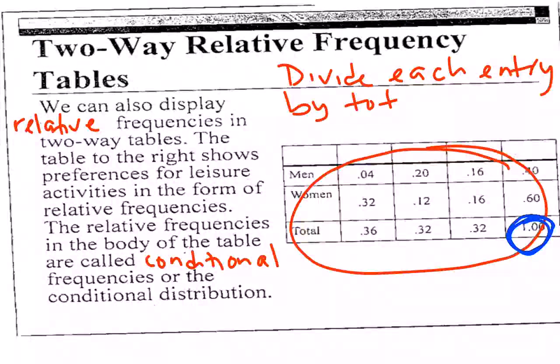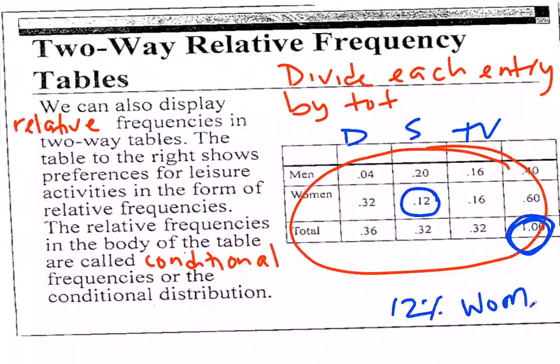So just to go over one more time to read this, if I'm looking at this 0.12, that means that 12% are women who prefer sports. 12% of my group are women who prefer sports.